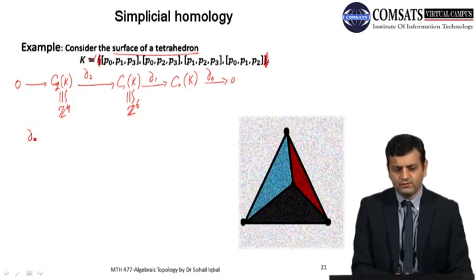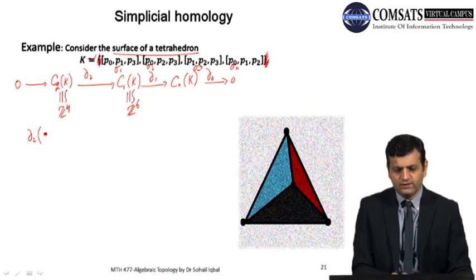Okay, so we can calculate partial 2 of any 2 simplex inside this, and after calculating the images of each and every 2 simplex, so there are 4 of them, we will do the same operation. So for example, this is sigma 1, this is sigma 2, this is sigma 3, this is sigma 4.